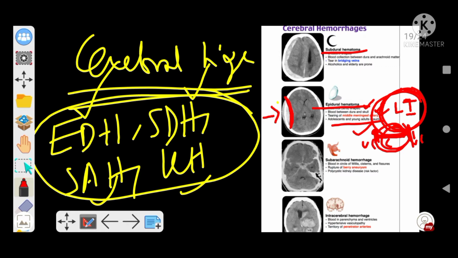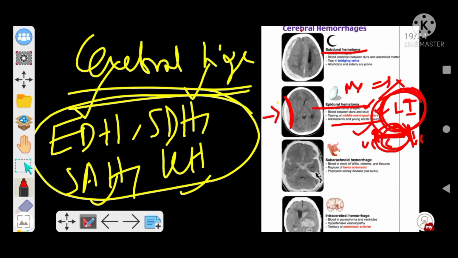Okay. So here management is surgery. When will we do surgery? When the clot size is more than 30 cc, midline shift is more than 5 mm, or thickness is more than 1.5 centimeter. What is midline shift? I am showing you. See, this is your midline, right?